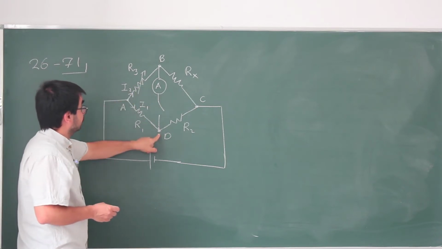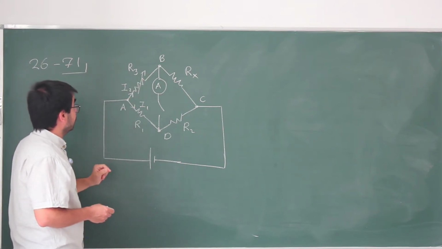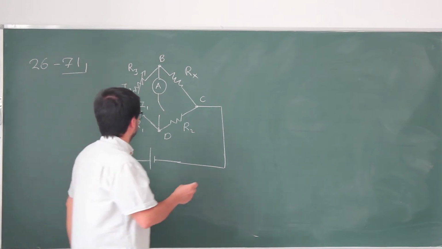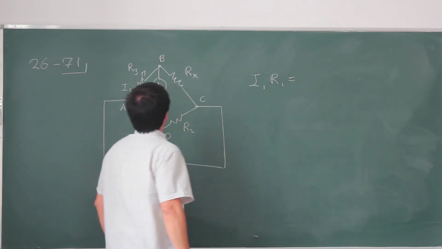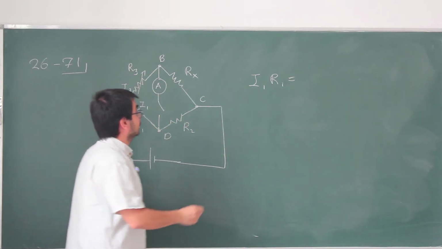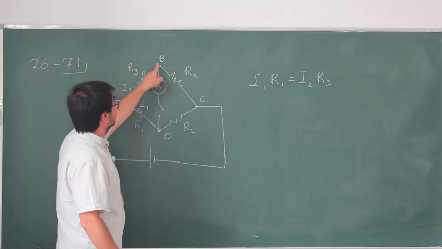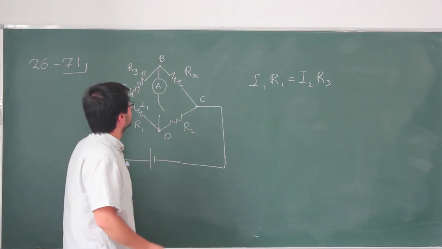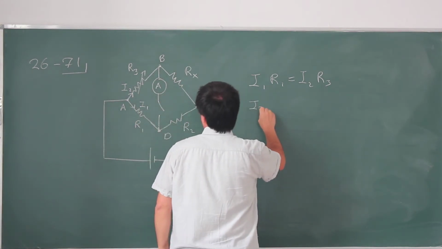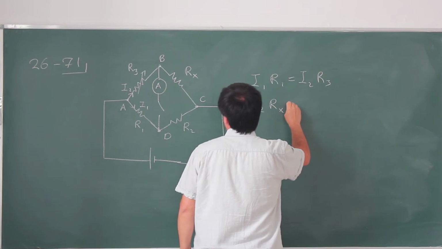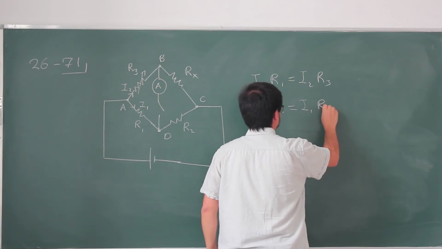Now, if they're at the same potential, however, then the potential difference between A and D and A and B are the same, which means we can write the potential difference from A to D, which is I1 times R1, must be equal to the potential difference from A to B, which is I2 times R3. And we can make the same argument for the potential difference from B to C and D to C. So the current is not going to pass through here. This is still I2. So I2 Rx is going to be equal to, this is still going to be I1 times R2.